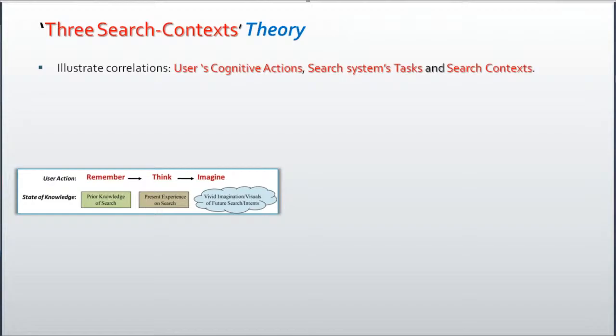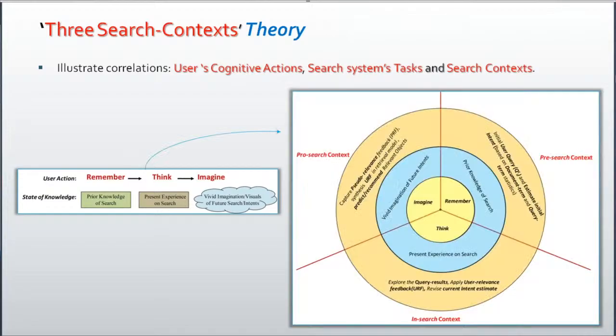For this, we use the cognitive process imagine, and this cloud box represents that there will be n number of directions. After looking at the existing results, we can have some kind of visualization of the n number of results. To elaborate this, we have drawn a diagram called the search context theory.